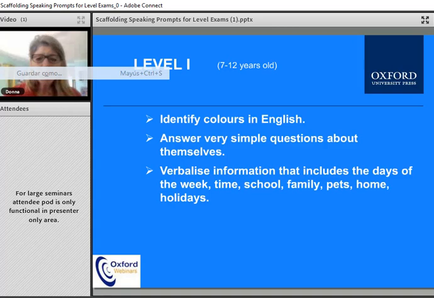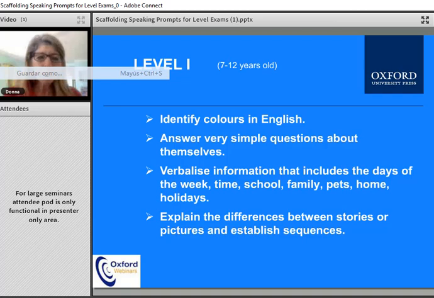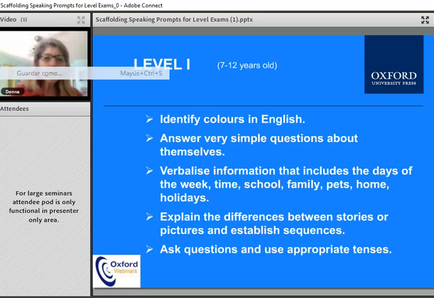They need to verbalize information. That includes all the normal things. 250 hours, Jose, I would say yes, in class, absolutely, learning English. Explain the difference between stories and pictures and establish sequences and ask questions and use appropriate tenses. So hopefully you can all agree that at level 1, that's essentially what they need to do.